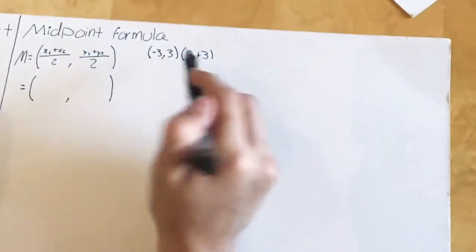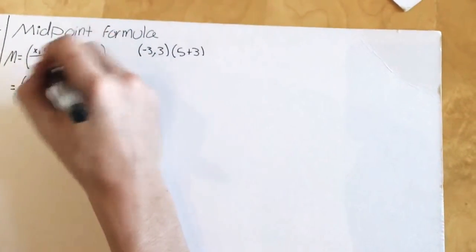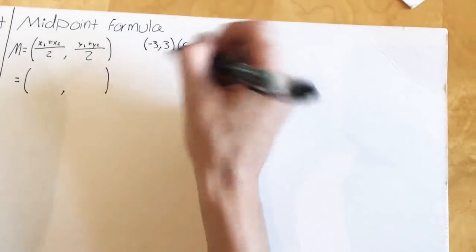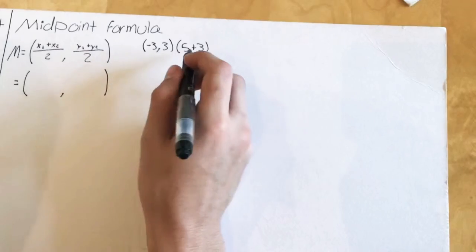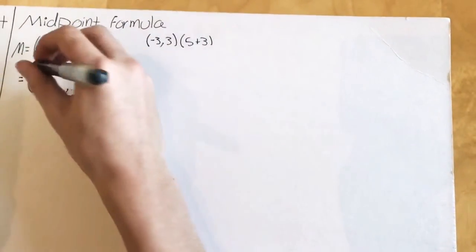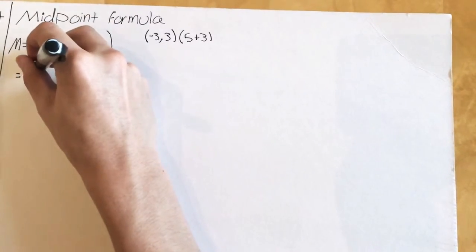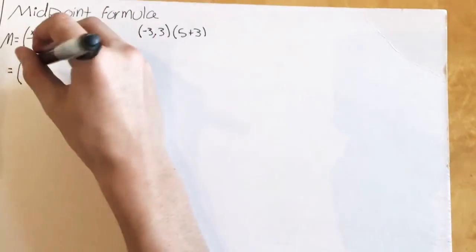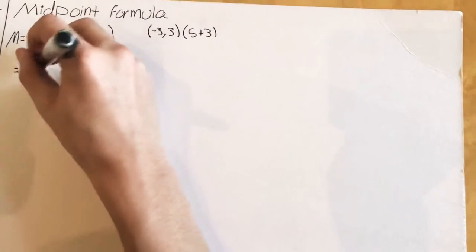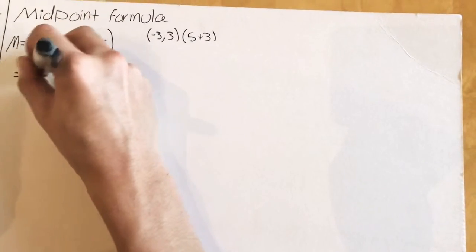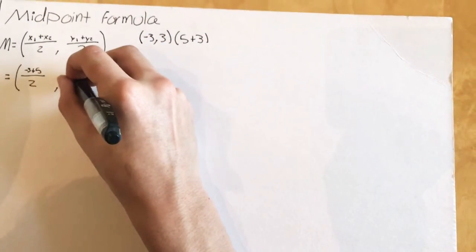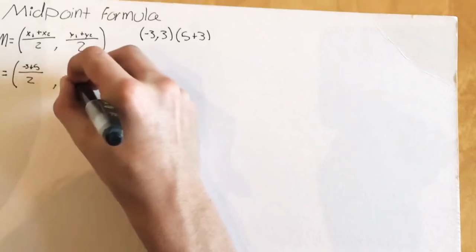Now we're going to see the midpoint formula. This is the formula to find our midpoint. For example, these are our 2 points, so we need to put them in the formula, like x1 equals negative 3 plus 5 over 2, and then the y, that is 3 plus 3 over 2.